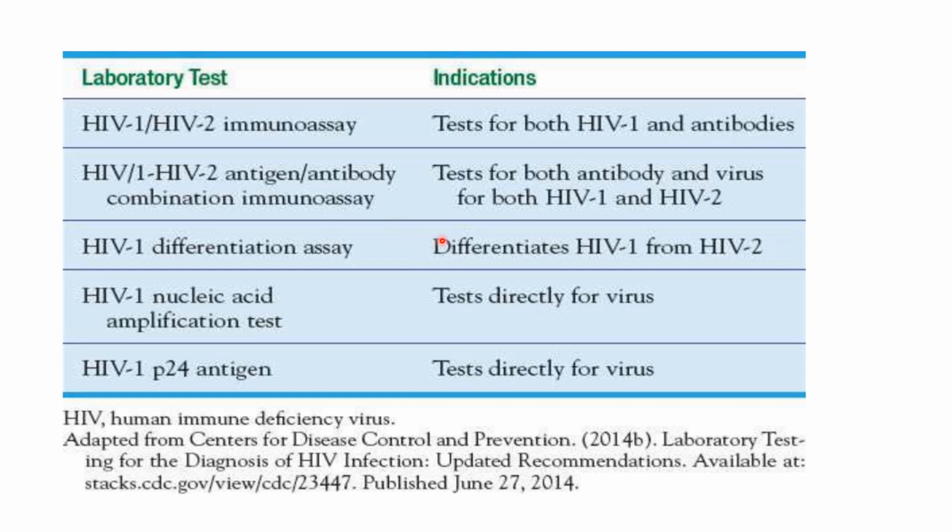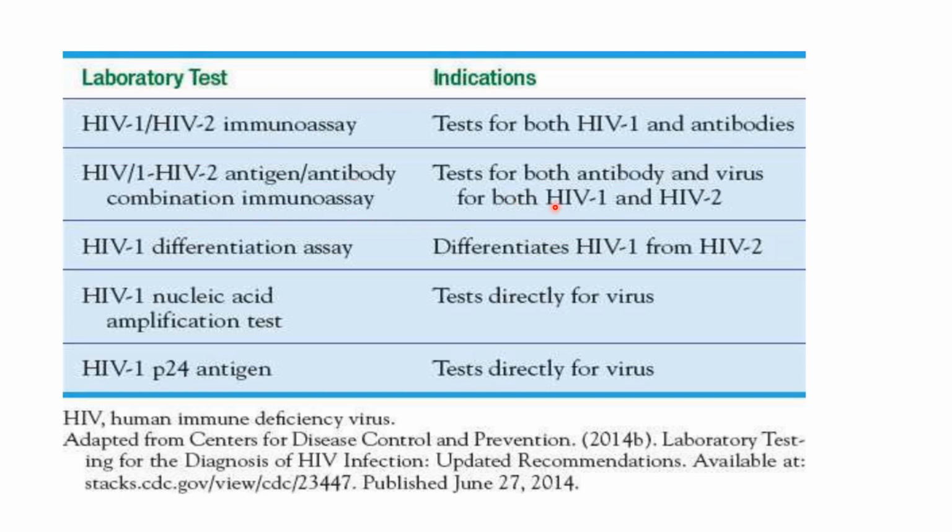This table shows the common blood tests used for screening HIV, adapted from the Centers for Disease Control and Prevention. So we have the HIV-1 or HIV-2 immunoassay to test for both HIV-1 and HIV-2 antibodies. And we have the HIV-1 or HIV-2 antigen or antibody combination immunoassay.